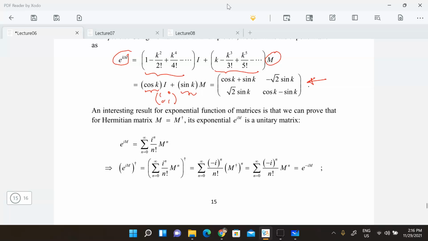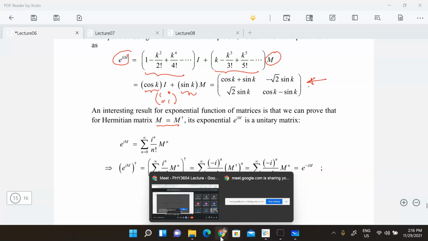A much more often used exponential of matrix in physics is given by the matrix itself being a Hermitian matrix, and let's recall what Hermitian means.